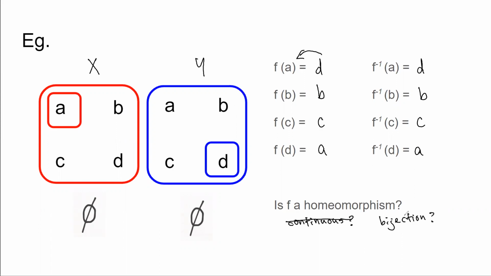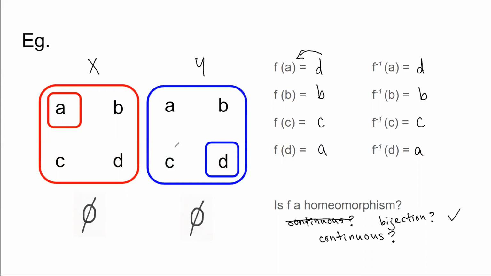It's a bijection if it maps each element to a unique element and it covers all of Y. And so I think we can clearly see that each element is mapped to a unique element and every element of Y has a preimage. So we're good here. It needs to be continuous, meaning that preimages of open sets are open sets.